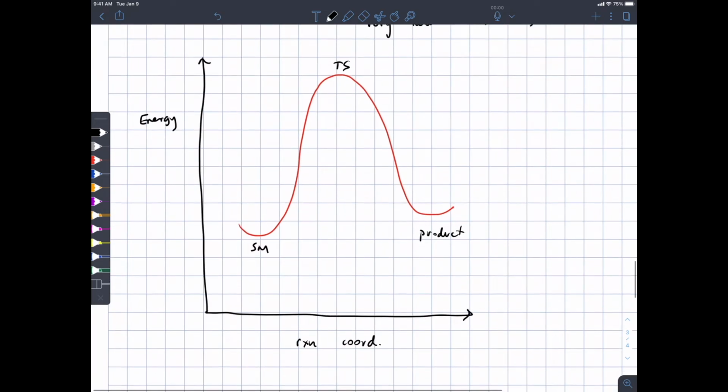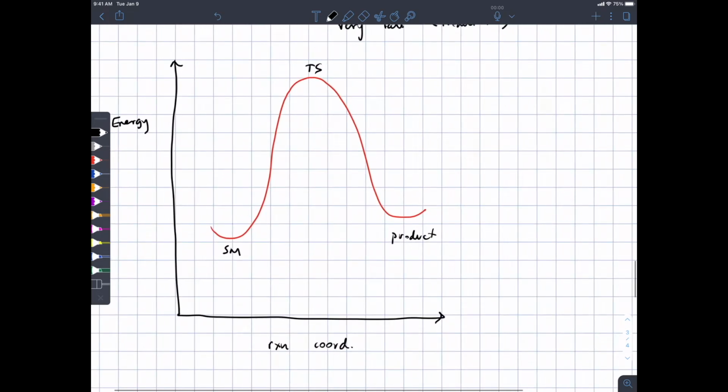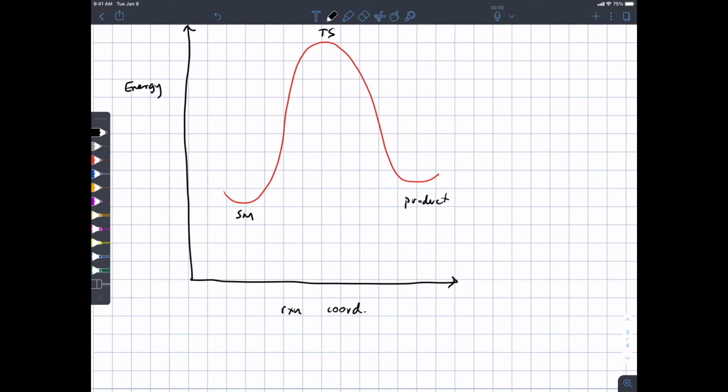But remember how I said that if the reaction is A attached to H going to B, this is our starting material, this is our product, and the reaction coordinate represents motion of H toward B and motion of A away from H.